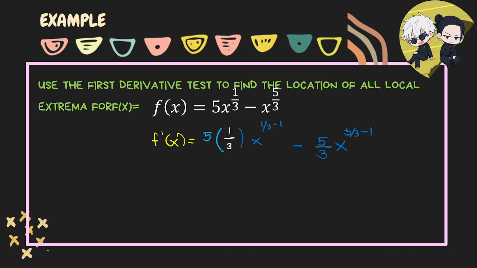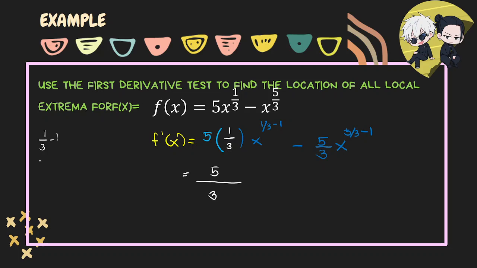So, to simplify this derivative, we will have 5 over 3. Then, x, what is the answer here? 1 third minus 1.